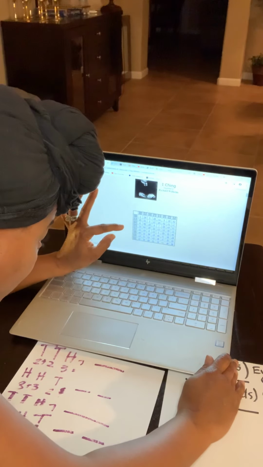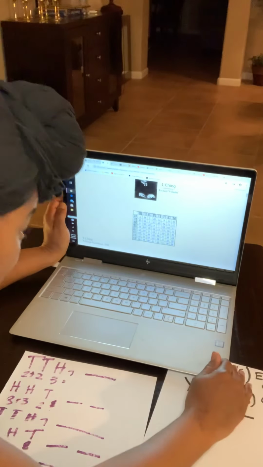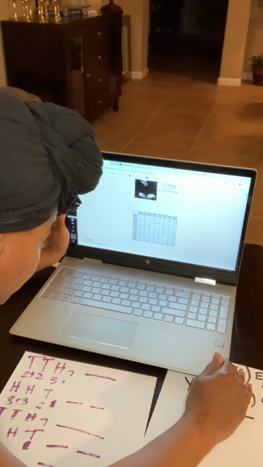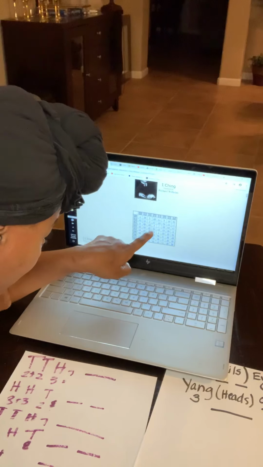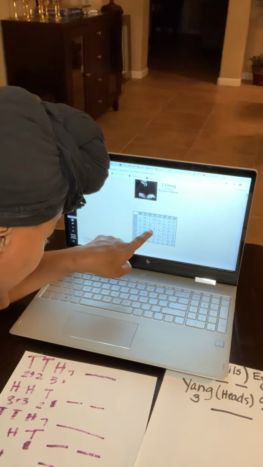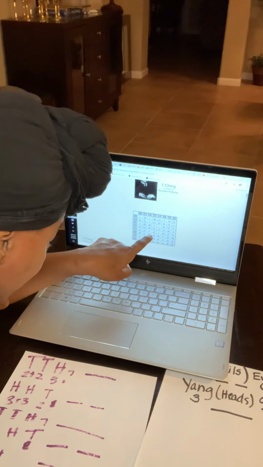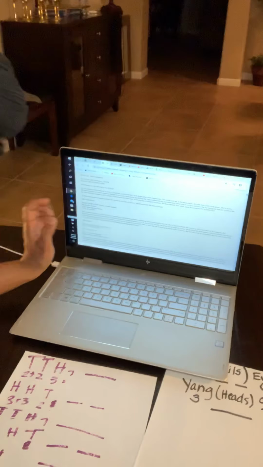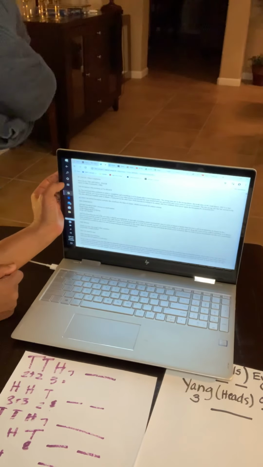Okay, so that's this one, and then we have to find the other. Solid, broken, solid. All right, that leads us to number 48. No, 63. All right, so 63.